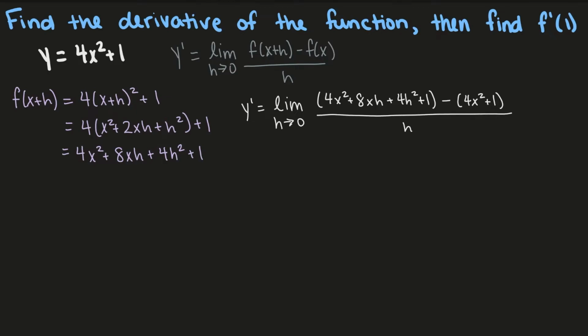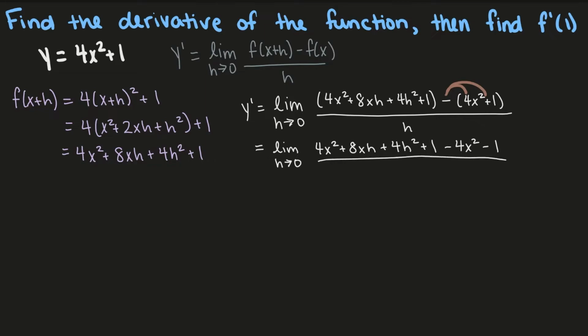So in our numerator, we'll distribute that negative 1 to 4x squared and to our 1. So we'll get the limit as h goes to 0 of 4x squared plus 8xh plus 4h squared plus 1 minus 4x squared minus 1 all over h.